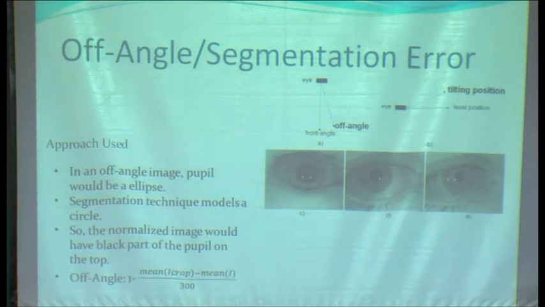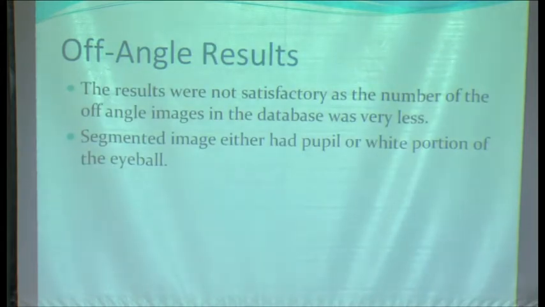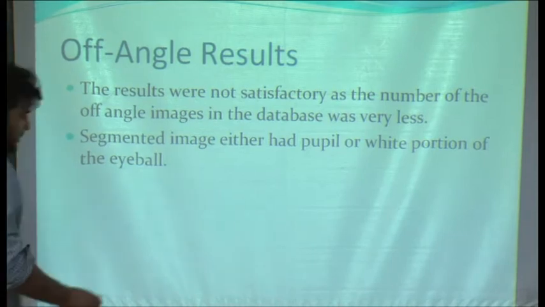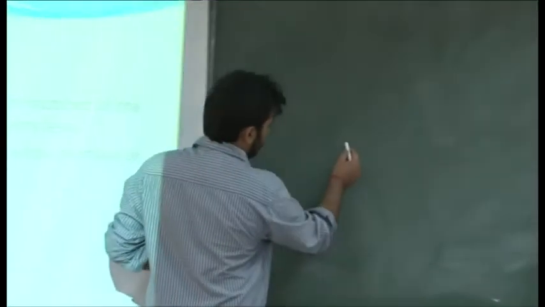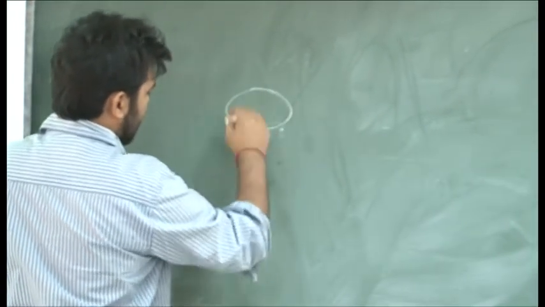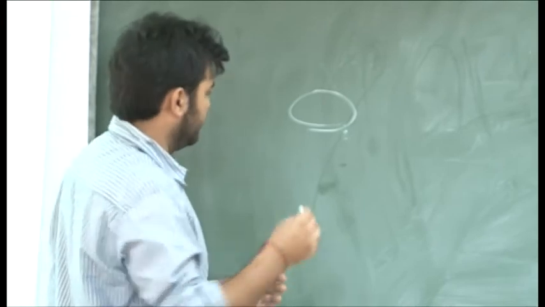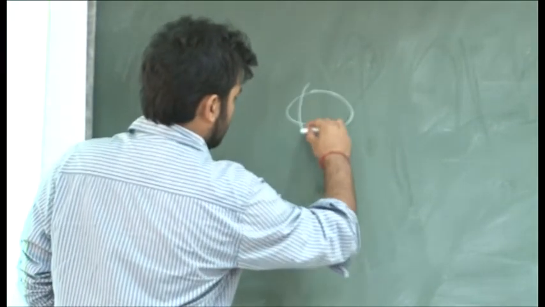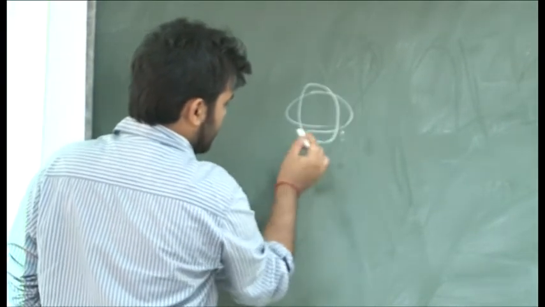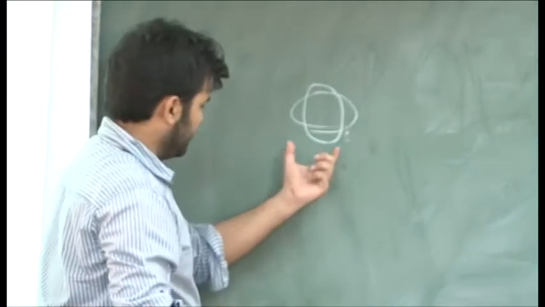Then, actually this did not yield good results, because when I assumed that the pupil would be elliptical, I imagined the pupil to be like this, and the segmentation to identify the circular pupil as this.